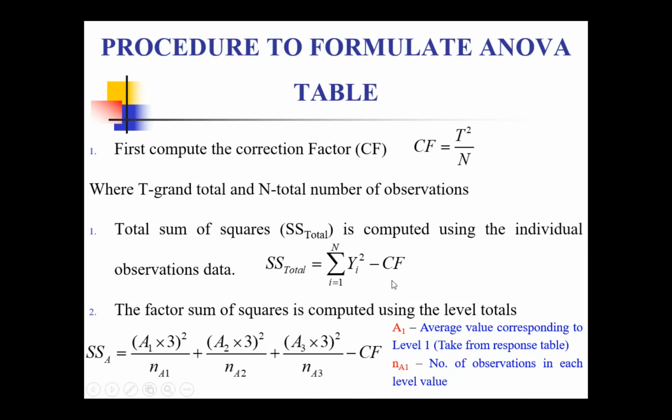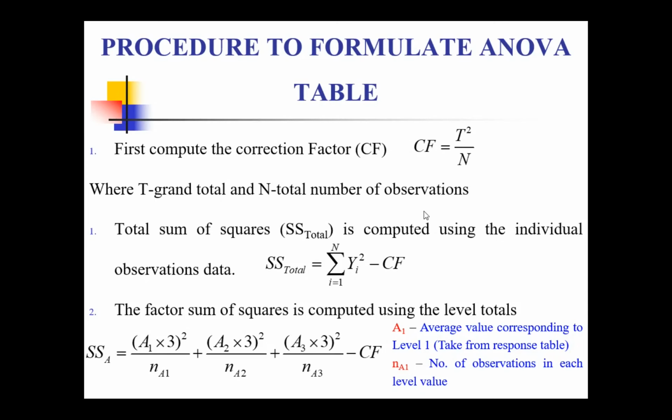So here you can see how to calculate the individual sum of squares. Here we are going to consider 3 factors, the independent factors: factor A, factor B and factor C. The sum of squares of factor A is determined by A1 into 3.